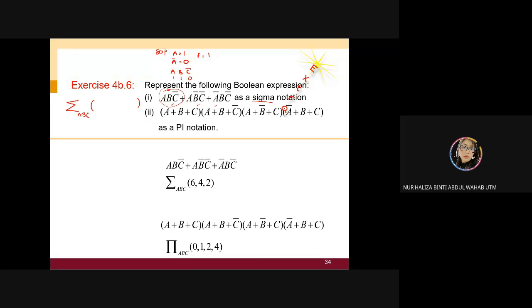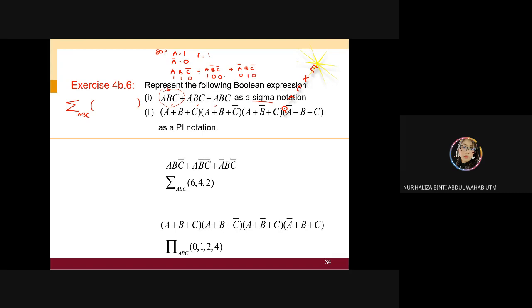If there is a bar, it is a 0. Next, I have A, B bar, C bar. So I have 1, 0, 0. And another one, I have A bar, B, C bar. It's going to be 0, 1, 0.